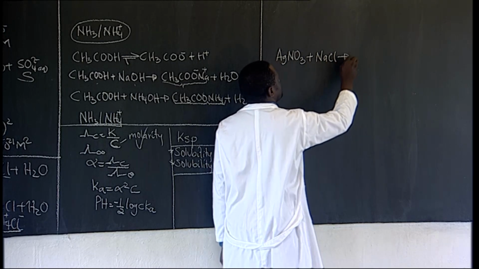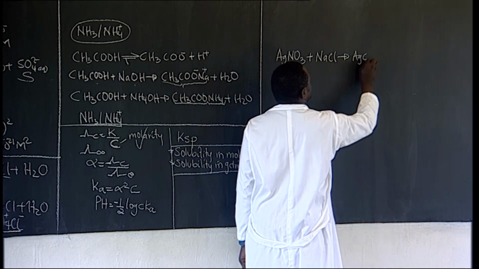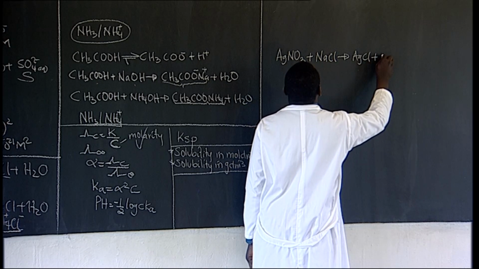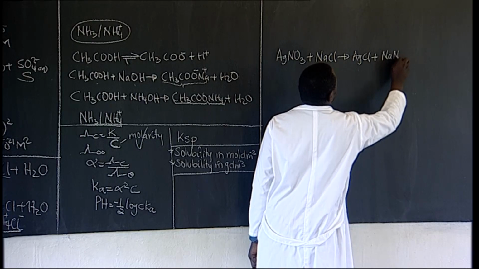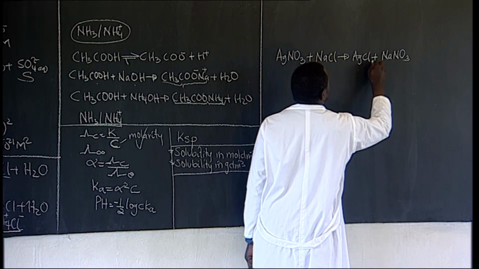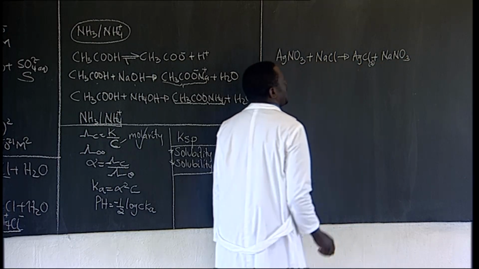This one will give silver chloride and sodium nitrate. You see, it's a precipitation reaction which will form a precipitate here.